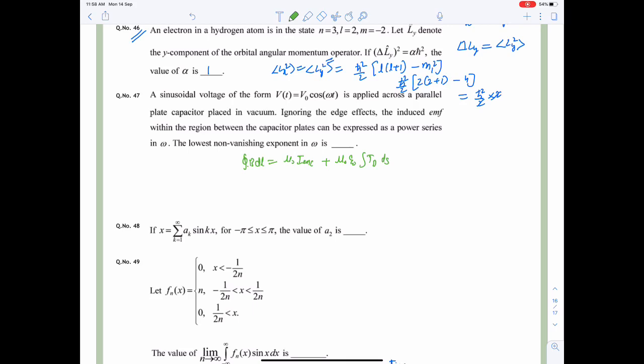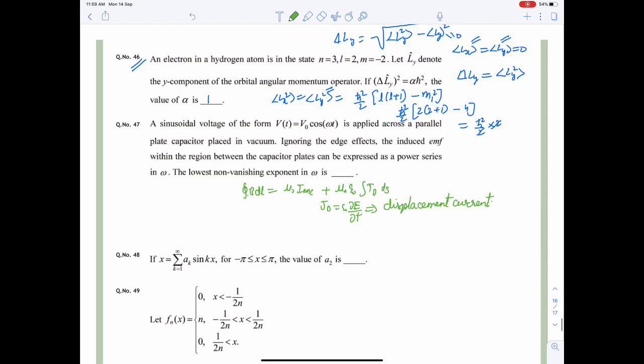Okay, so what is your Jd? Jd is equal to epsilon naught dE/dt, which is your displacement current.